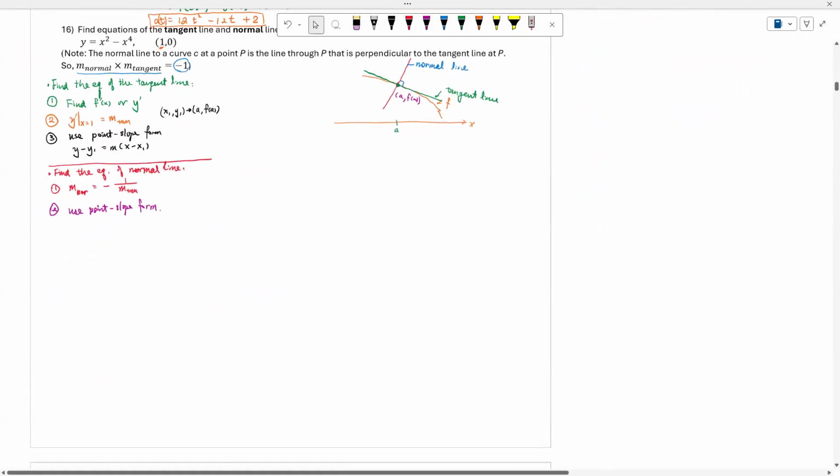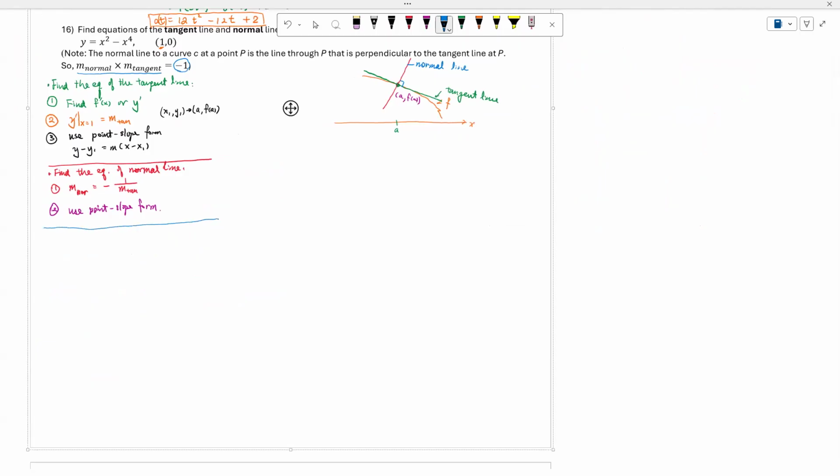Now let's see how we actually work out a problem. My first step is to find y prime. I have y equal to x squared minus x to the power 4.